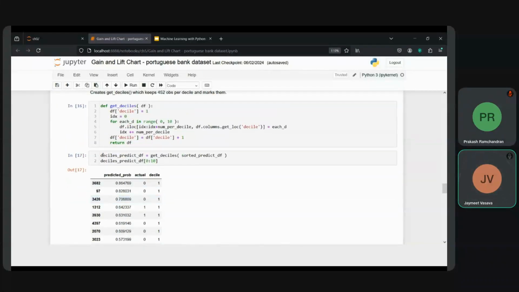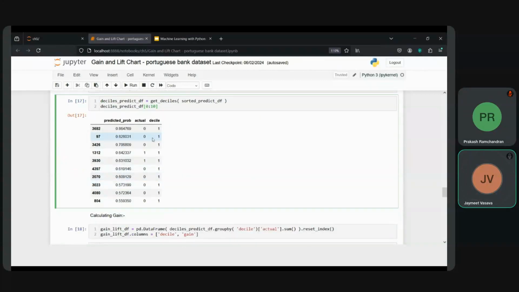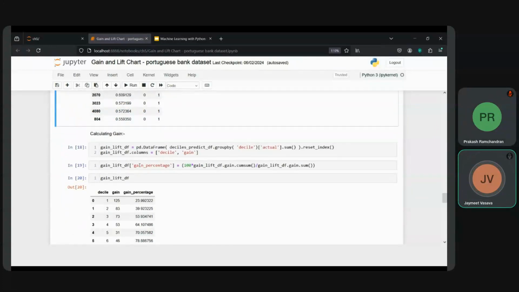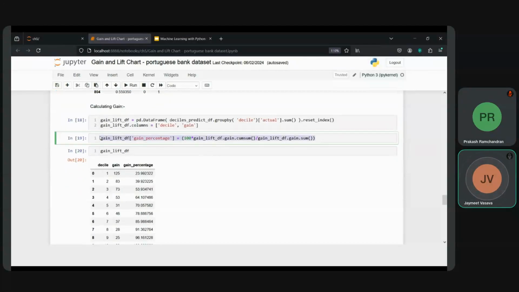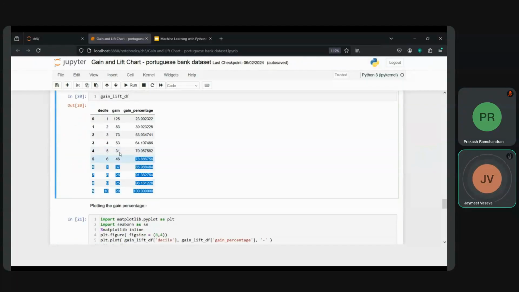So we use this get deciles on the sorted DF as just said, and these are the first 10 values. As these are the first 10 values, the decile will be one only. Then calculating the gain, implementing the gains formula.